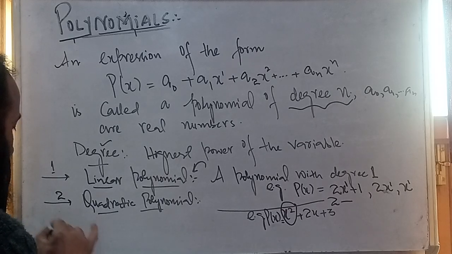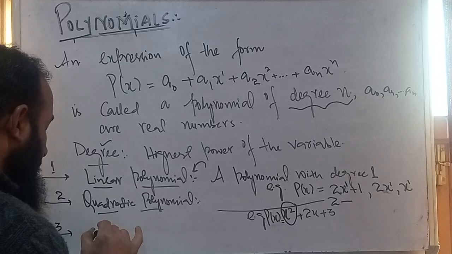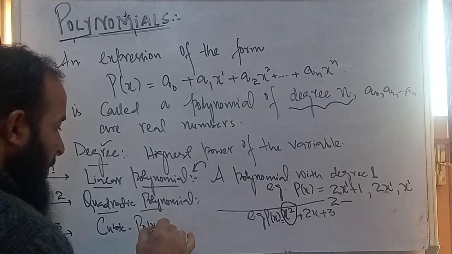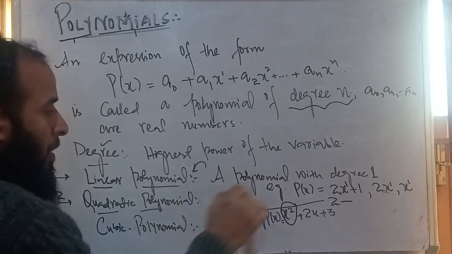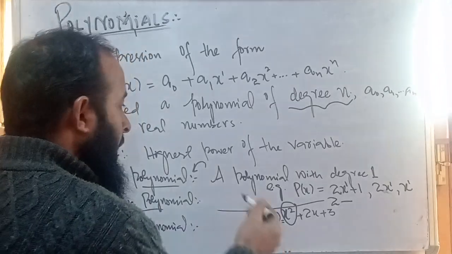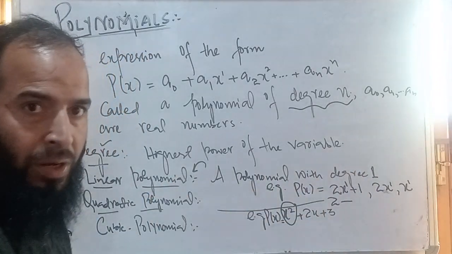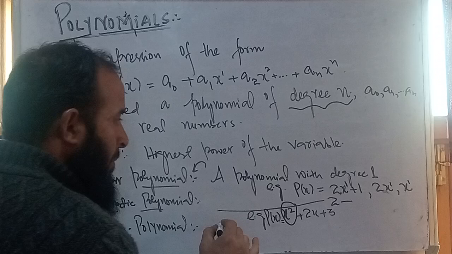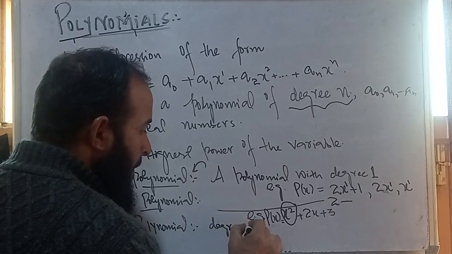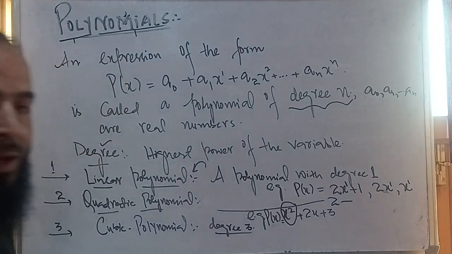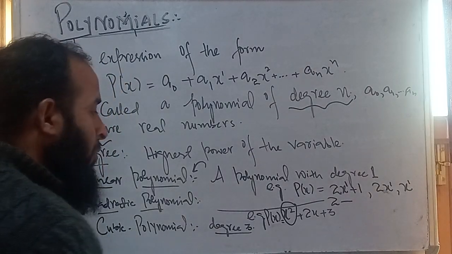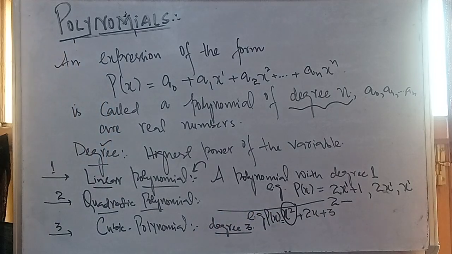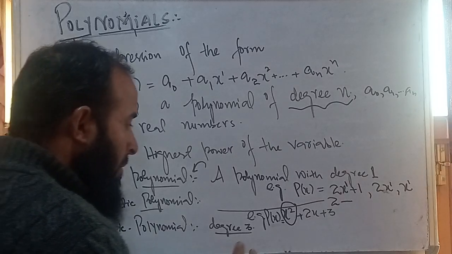Likewise, it is a cubic polynomial. A polynomial with degree 1 is called a linear polynomial, a polynomial with degree 2 is called a quadratic polynomial, and a polynomial having degree 3 is called a cubic polynomial. That means the highest power of the variable will be 3.